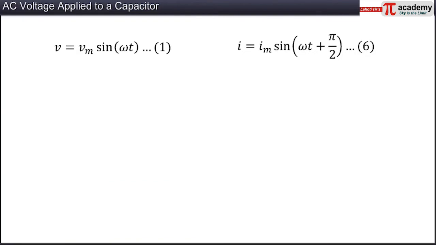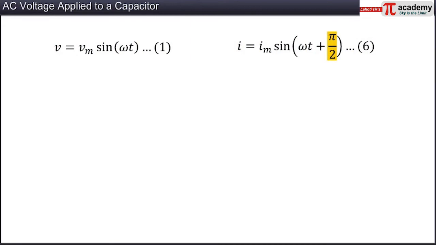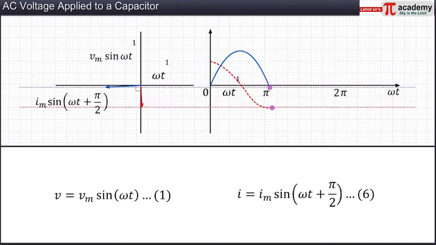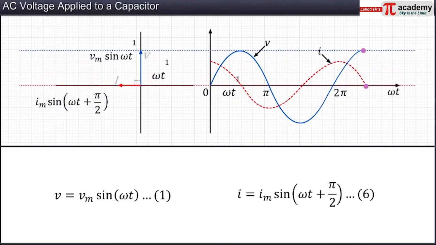On close inspection of equations 1 and 6, which are derived for the value of current in the circuit, we can see that the current leads voltage in phase by pi by 2. The phasor diagrams for analyzing the relationship of lead or lag between current and voltage are as shown.